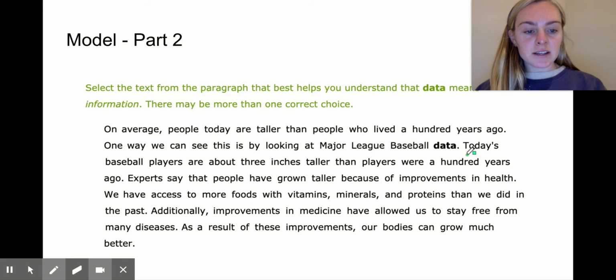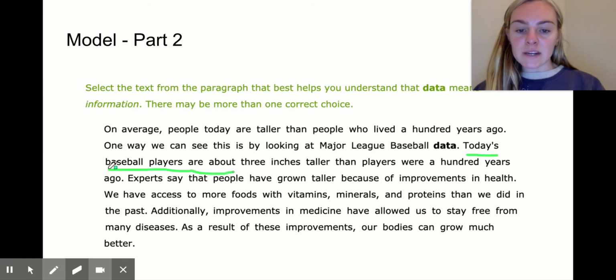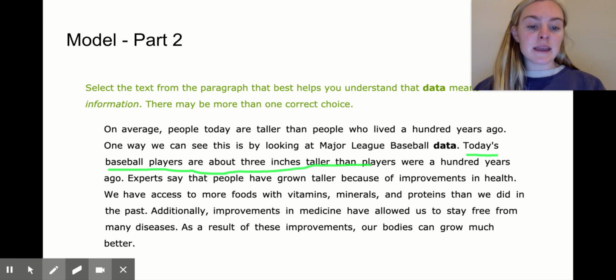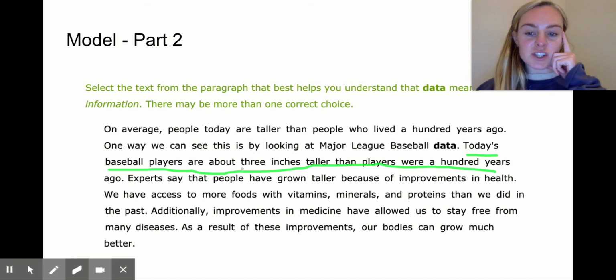And if I look, today's baseball players are about 3 inches taller than players were 100 years ago. This is giving me information. We are comparing what the baseball players are like today versus what they were like 100 years ago. So this is a great sentence to use that gives me information about what data means.